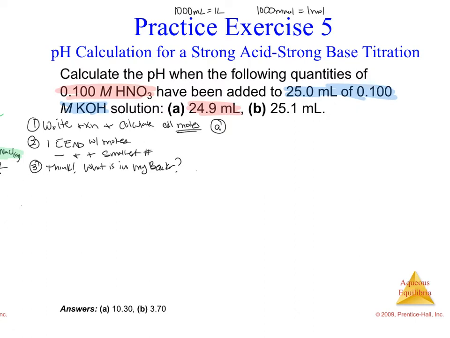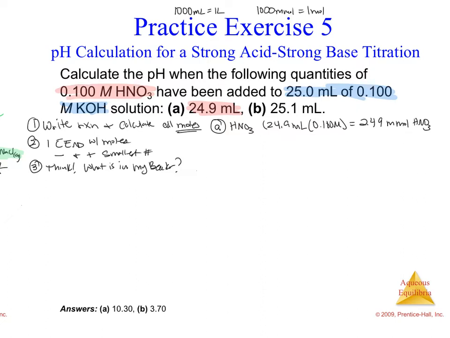So in part A, I know my strong acid HNO3, 24.9 milliliters times 0.100 molar gives me 2.49 millimoles of the acid. And that's just easier than using 2.49 times 10 to the negative third. It's just a very convenient number to use.